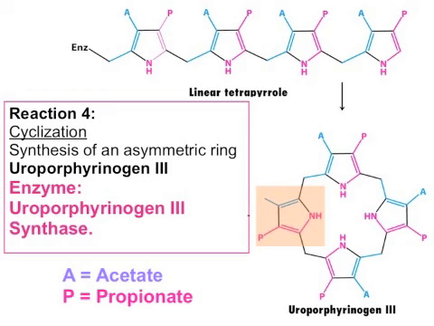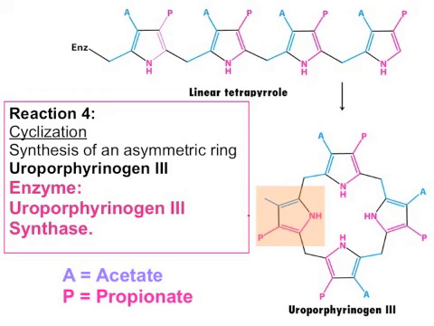This is important because uroporphyrinogen 3 can be used in other reactions in the pathway, whereas a symmetric ring, one that does not have this 4th pyrrole flipped, will be a blind alley. A symmetric ring will not be used in further reactions and builds up as a waste product.